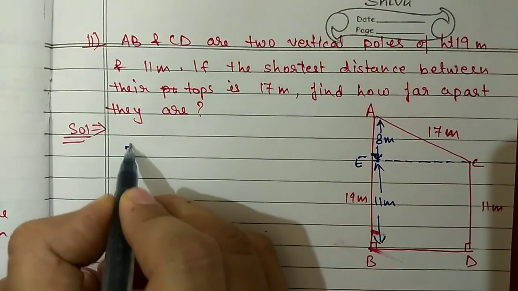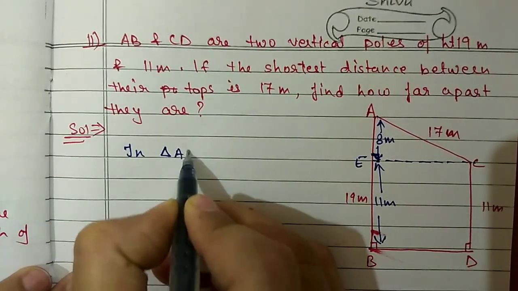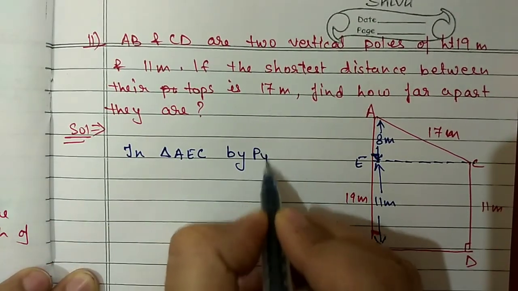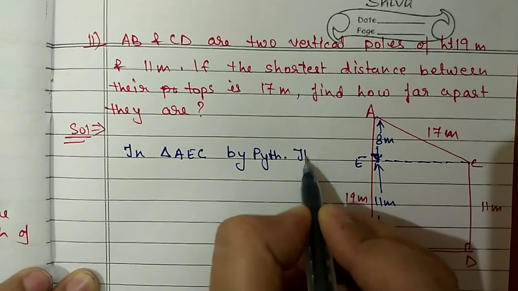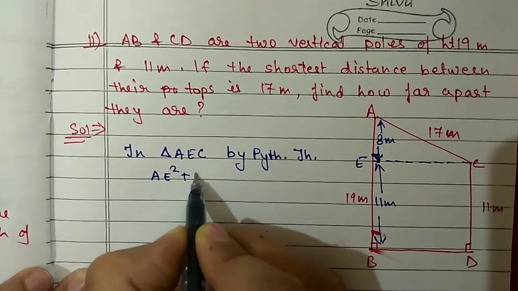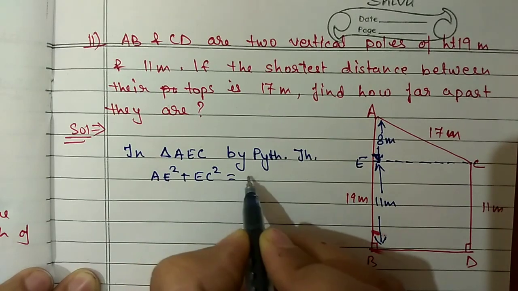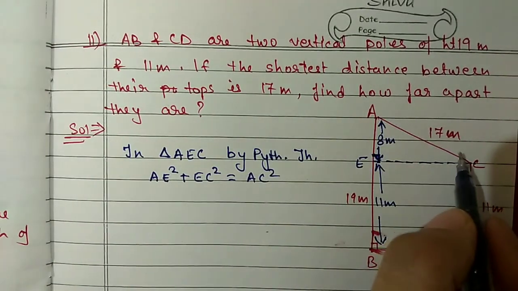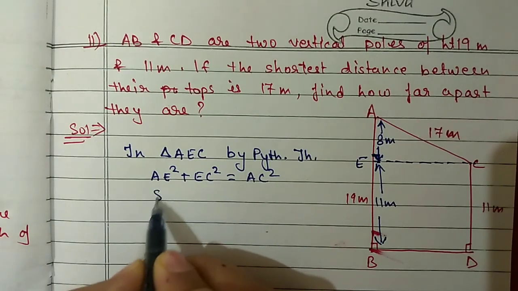So in triangle AEC, by Pythagoras theorem, AE square plus EC square equal to AC square. Height square plus base square equal to hypotenuse square. AE is 8.